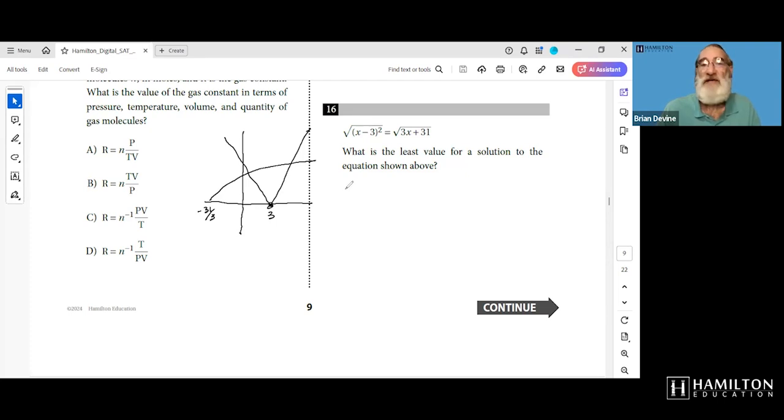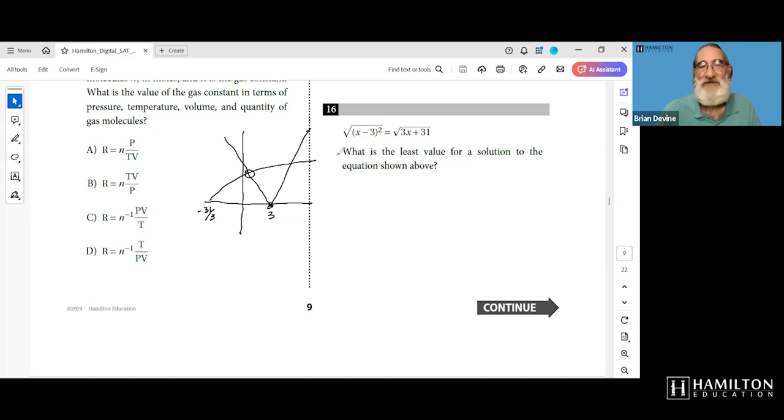So you can graph that. And you want the value of the least solution. So this is the absolute value graph, and this is the square root graph that you just graphed. If you did graph it, you want the one that's on the side. And you would find that it would be -2.